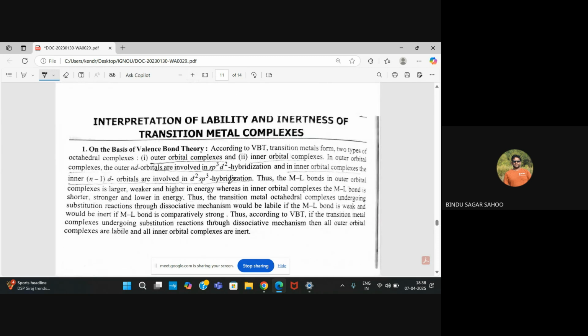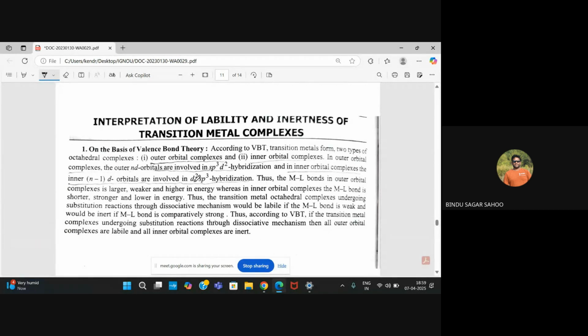Outer orbital complexes have sp3d2 hybridization, and inner orbital complexes have d2sp3 hybridization. The difference is that in outer orbital complexes the outer d orbitals are utilized, and in inner orbital complexes the inner d orbitals participate in the hybridization.